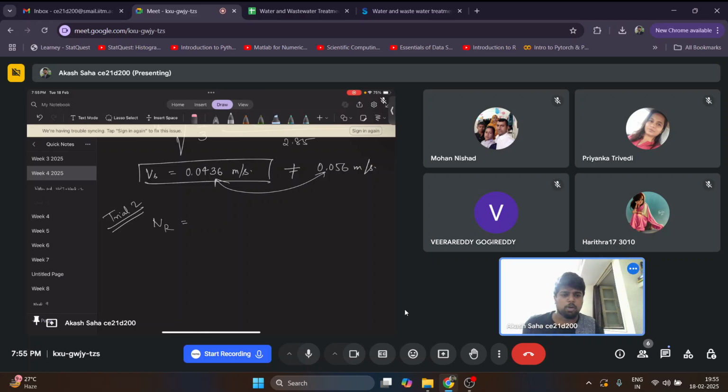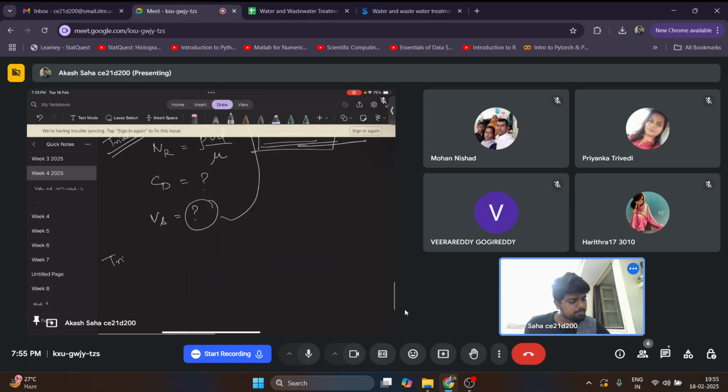What is my Reynolds number? Rho v d by mu. Then I will calculate the CD, seeing whether it's a transitional, laminar, or turbulent flow. Then with the help of CD, I can again calculate the Vs, and this Vs should match my previous Vs. Then only it is correct. If it is not correct, we will go for trial 3. So it's a kind of iterative process.